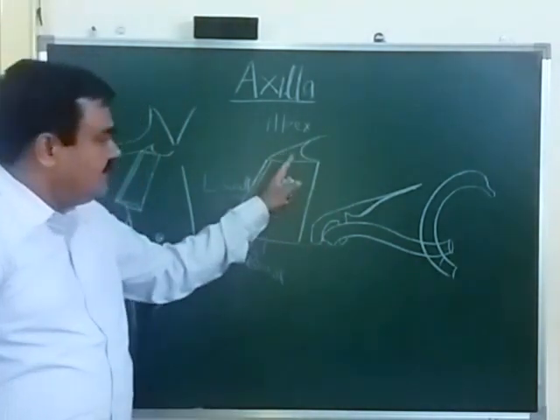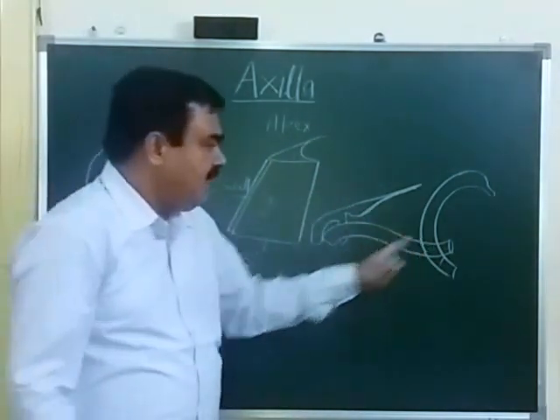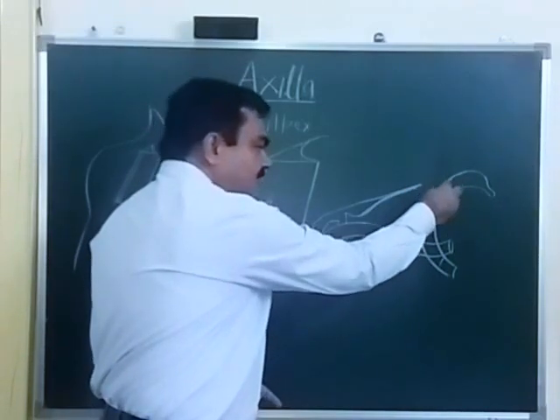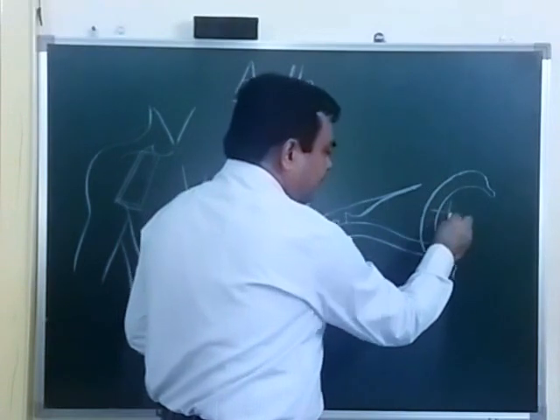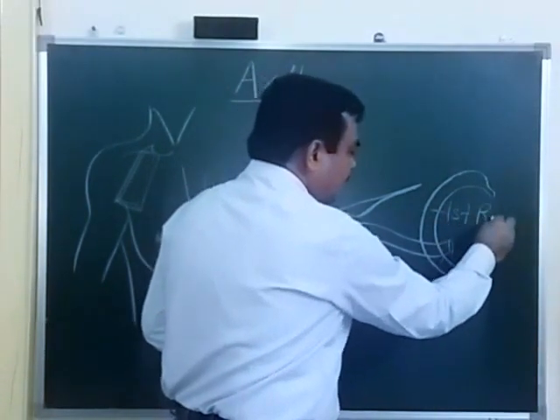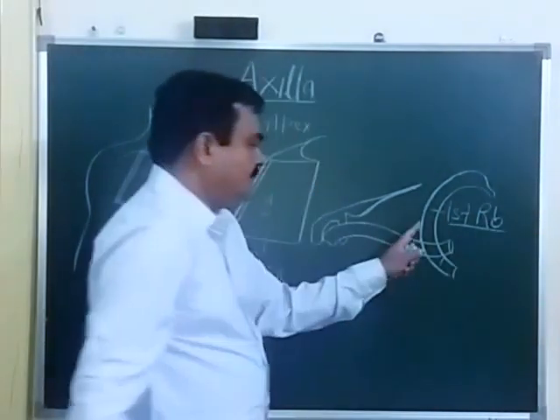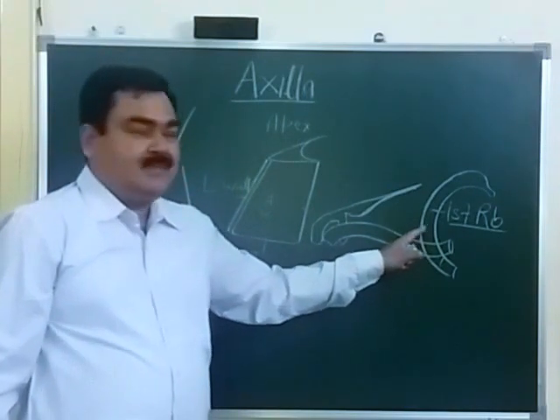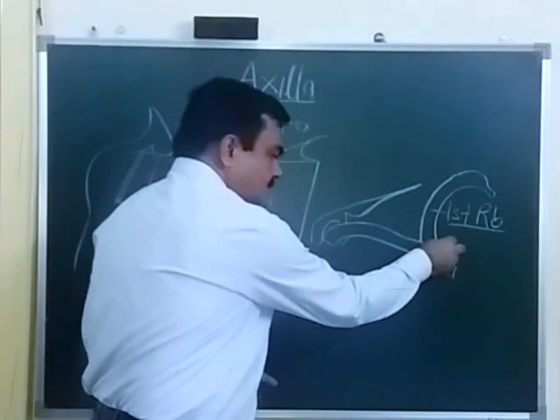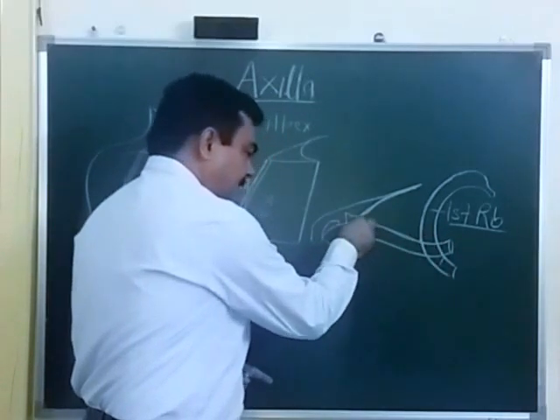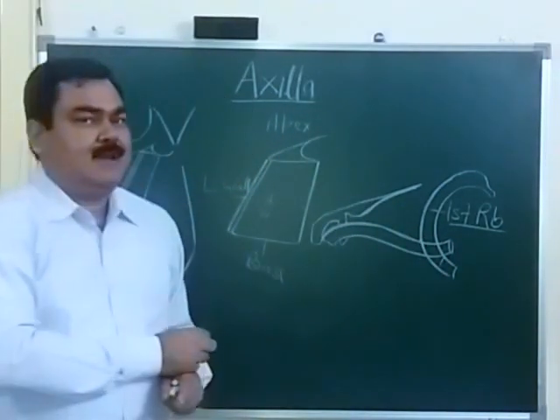So apex is bounded medially by outer border of first rib. This is first rib. This is outer border of the first rib. And anterior boundary is formed by posterior surface of the clavicle.